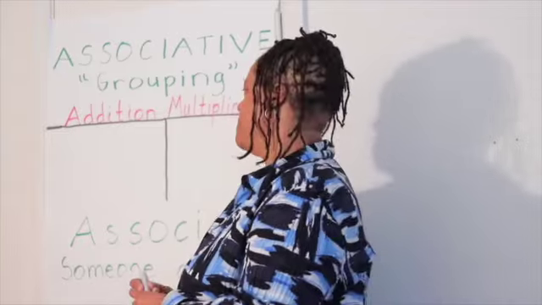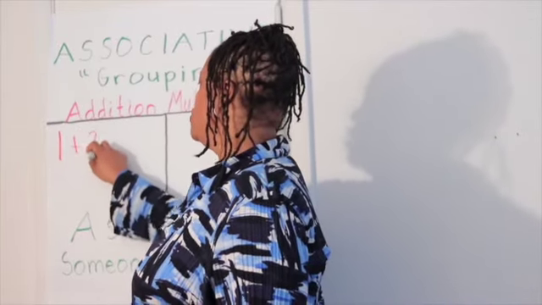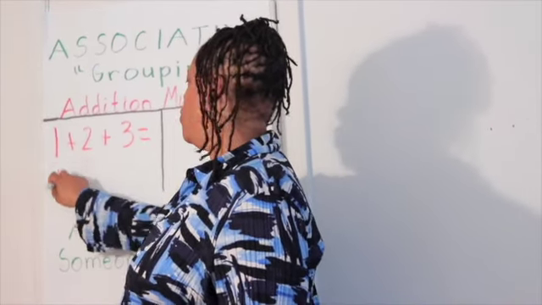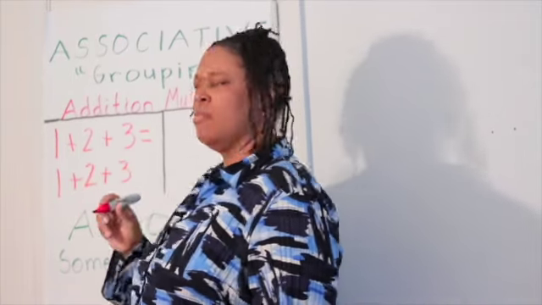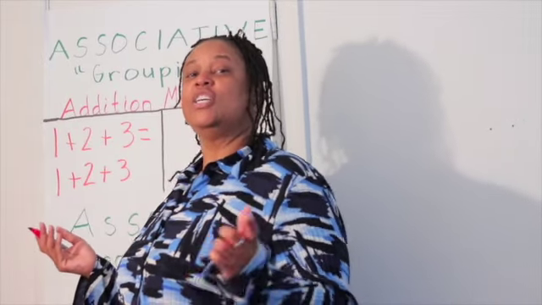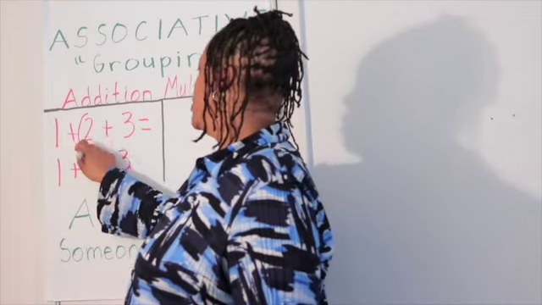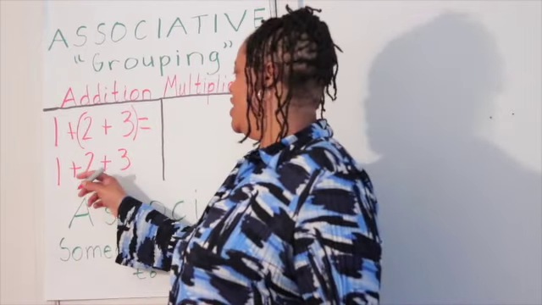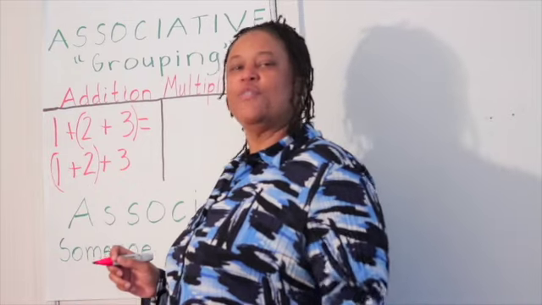So let's talk about it. 1 plus 2 plus 3 should equal 1 plus 2 plus 3. I didn't do anything different. So let's change it so that it looks like the associative property. For this one, I'm going to group 2 plus 3. And for this one, I'm going to group 1 plus 2.